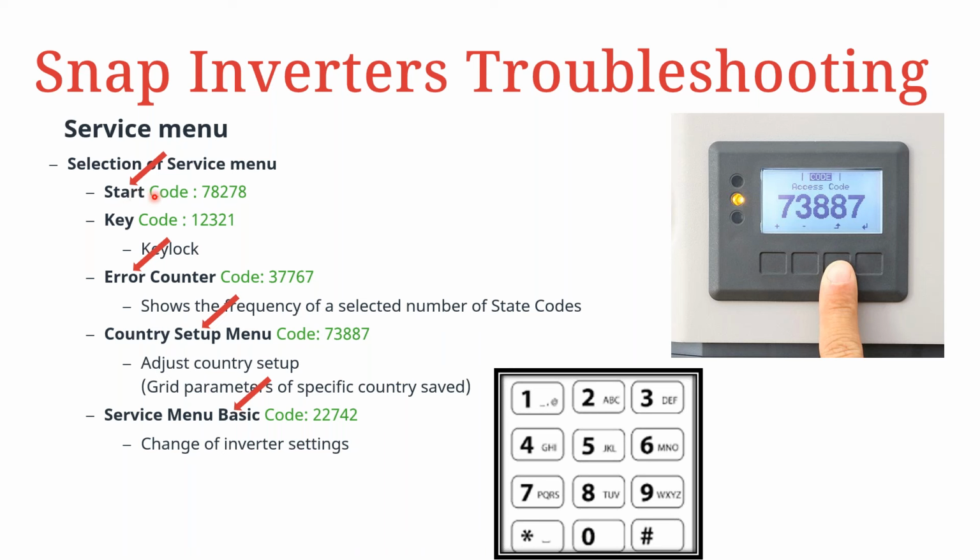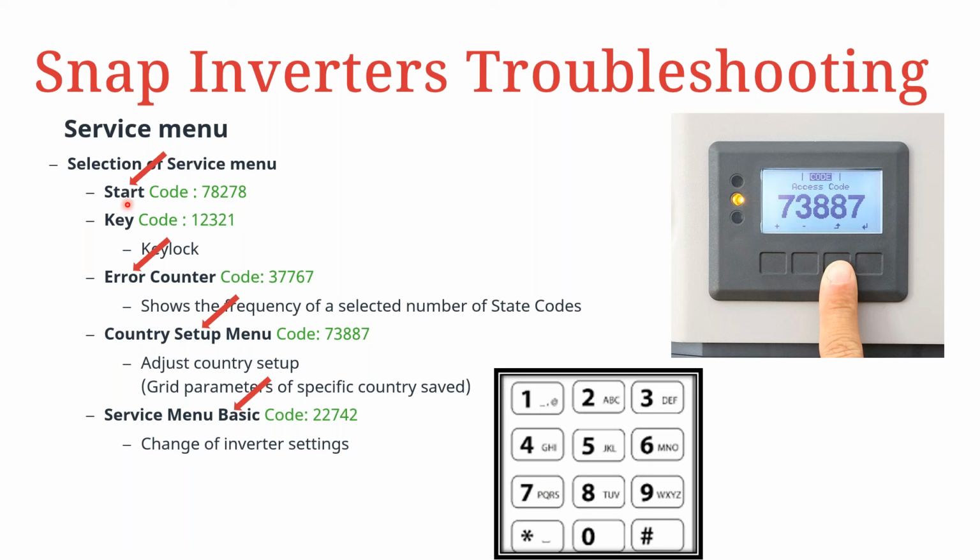Now, how do you use this to decode the error code or state code? Let's take start, for example. Start is spelled S-T-A-R-T. Look at the spelling and find which number represents each letter. S is represented by 7, which is why you see 7 here as the first number.